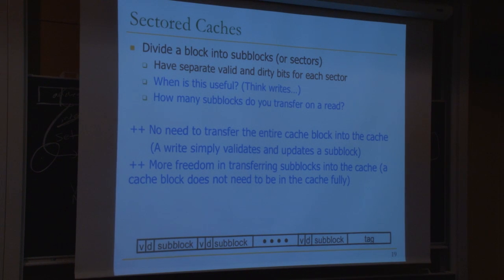Right? It's not as flexible. This is not as flexible as smaller cache lines. Here you can have much bigger blocks while getting some of the benefit of smaller cache lines. And the main reason, again, why this was invented is you want to get the benefit of smaller cache blocks, or actually you don't even want to bring in any cache block into the cache if you have writes. Okay?